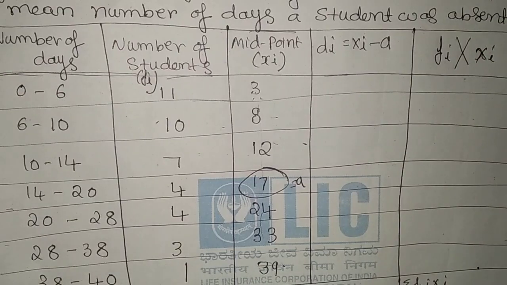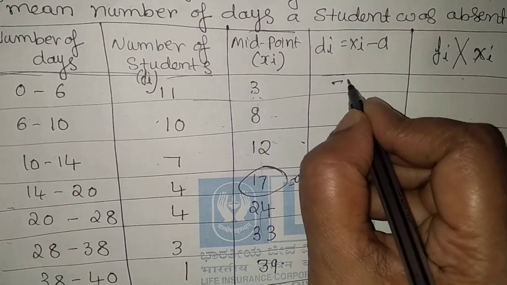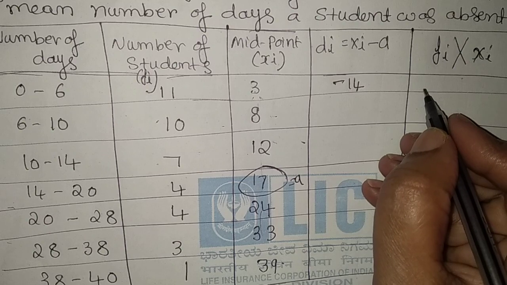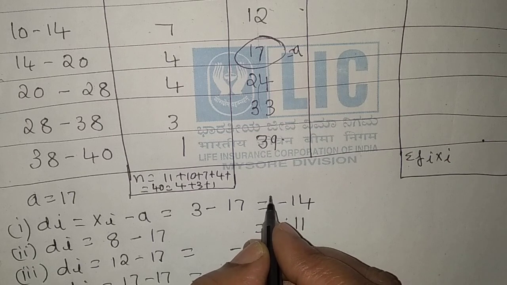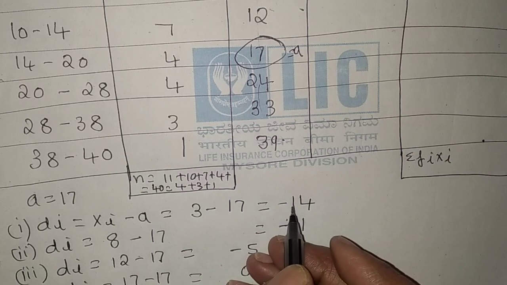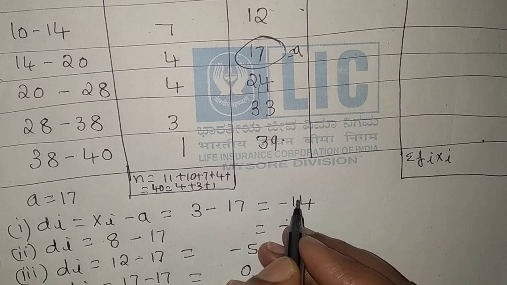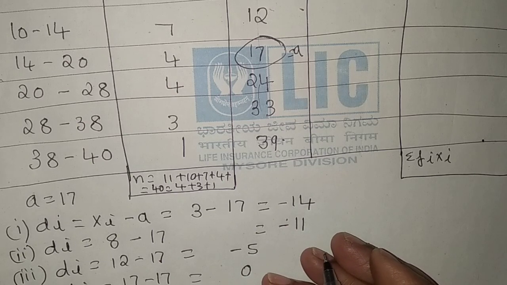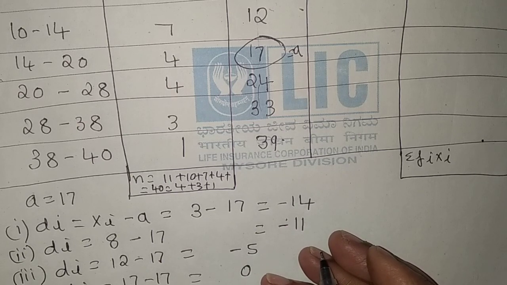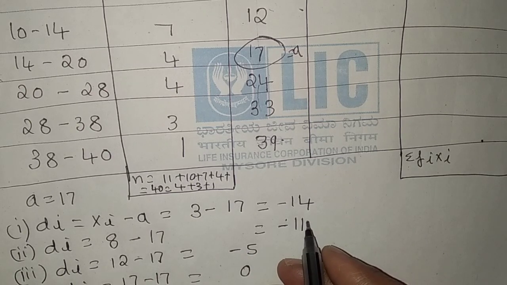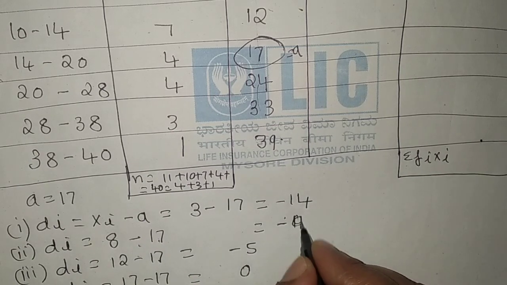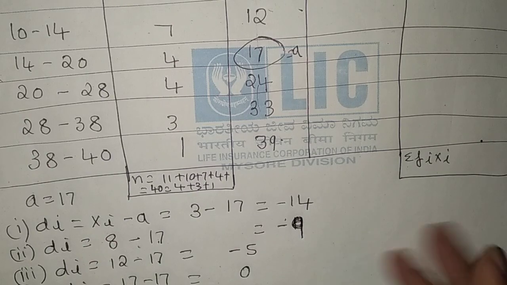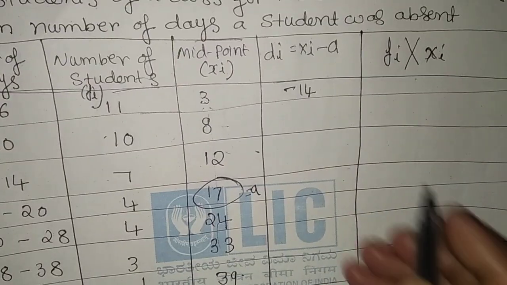So it's correct. Write down the values here. Solve the positive first, negative values minus 14. One set of values I've left out, that is 8 minus 17. So this is 8 minus 17 is minus 9. I made a mistake.